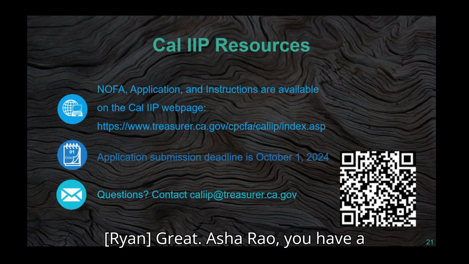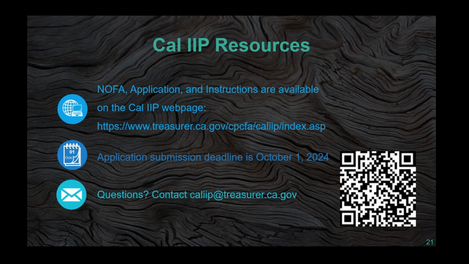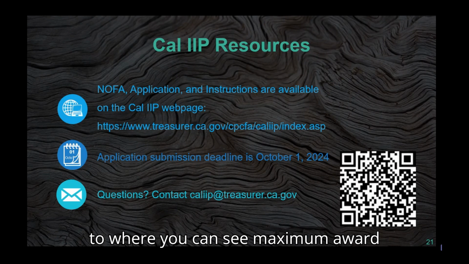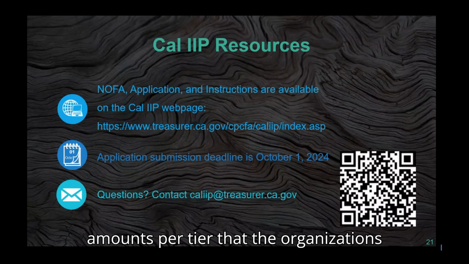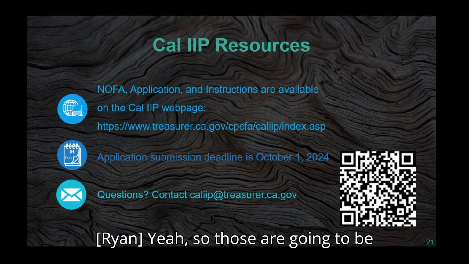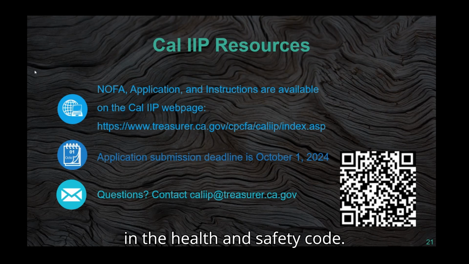Asha Rao, you have a question? Yeah, can you clarify or point us to where you can see the maximum award amounts per tier that the organizations are eligible for? Yeah, those are going to be in the Health and Safety Code.